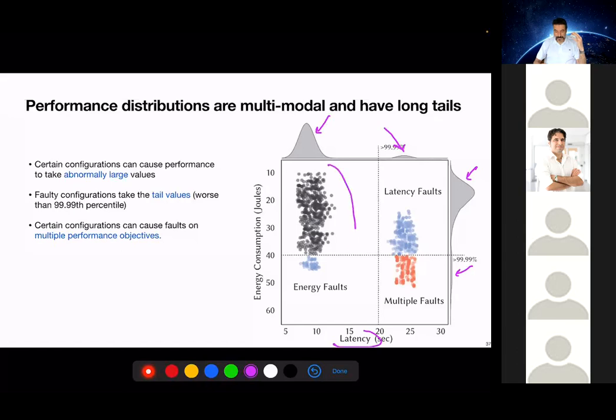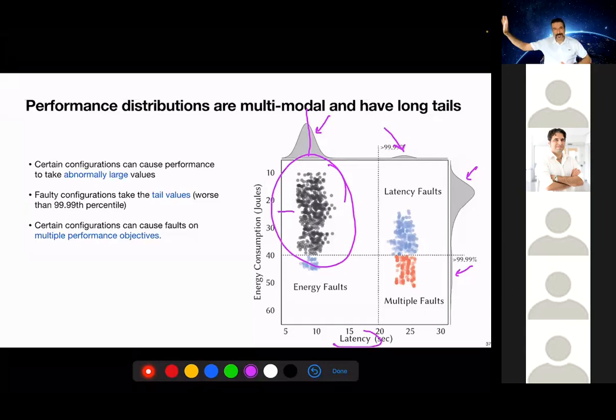We have many configurations that are located in an okay zone, meaning that they're located in the first mode of this performance, which is okay with respect to latency, and also okay with respect to energy consumption.